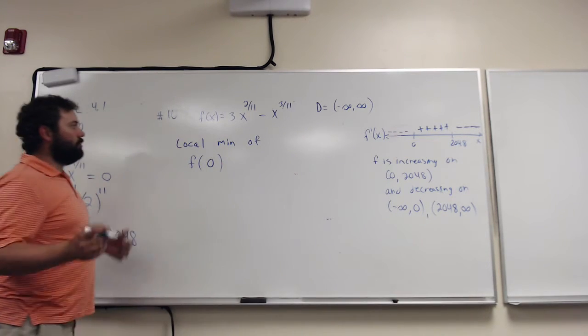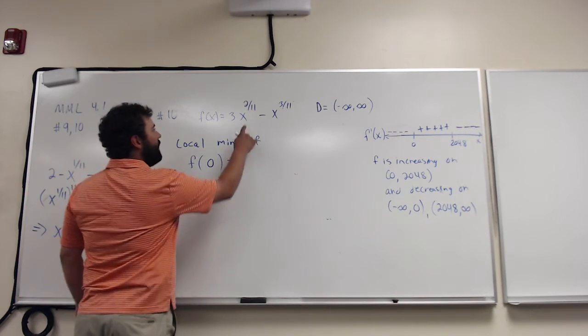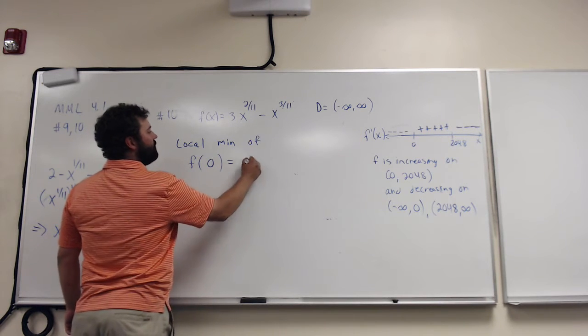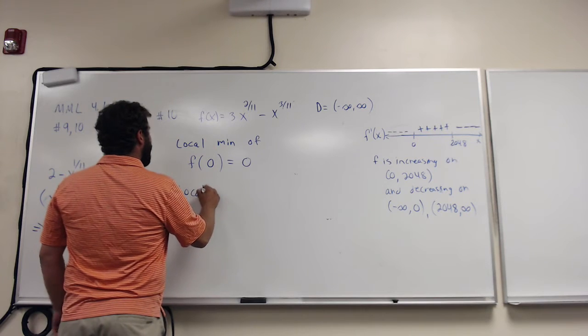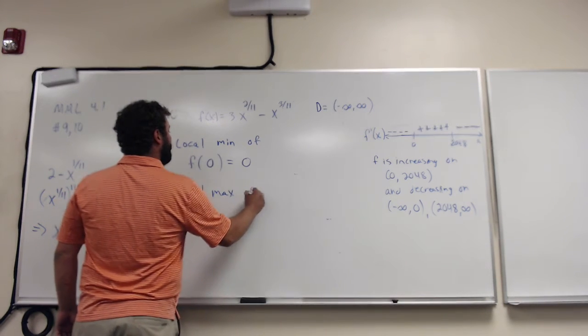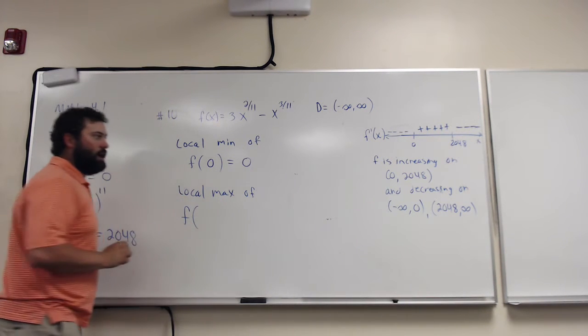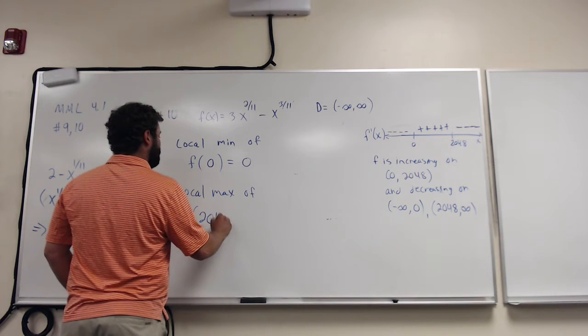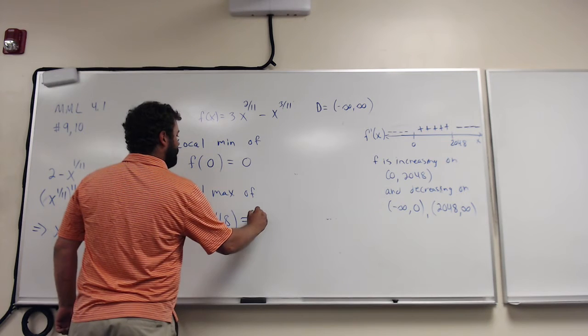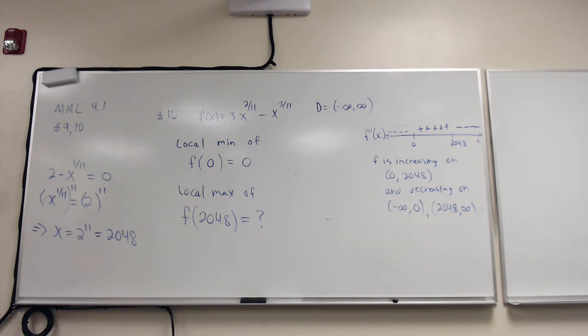So f of 0 would be the local min. That one's pretty easy to calculate, right? Both terms have an x, so you're going to get 0. And then you have a local max of the original function evaluated at what? 2048. 2048. And I will let you guys think about that. I don't think it's as important that I plug that into the function.